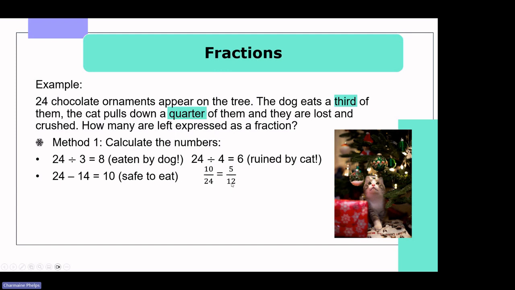Divide 24 by 2, I get 12. So 10 24ths is equivalent to 5/12. 5/12 is the answer in its simplest form. Question didn't ask for it in its simplest form, so 10 24ths would be acceptable. But in general, when we're dealing with fractions, we tend to give the simplest form.